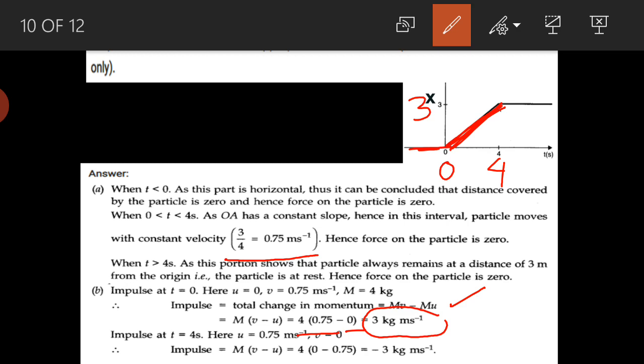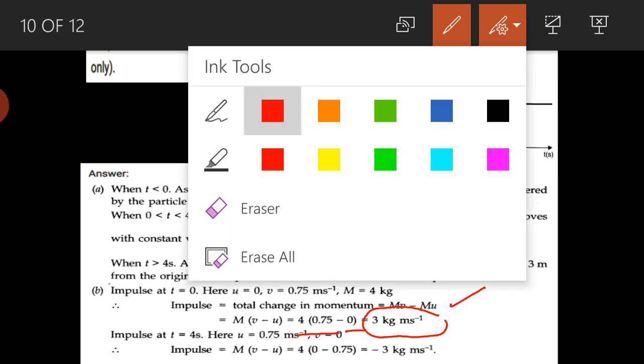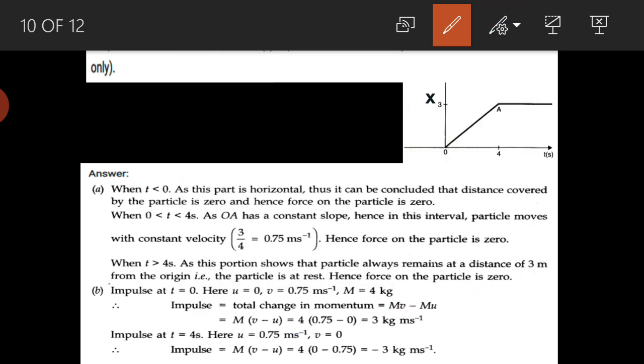After t equals 4, the particle is at rest, so v equals 0. So u equals 0.75, v equals 0, and impulse is equal to mv minus mu. So mv is 0, mu is 0.75 times 4. This comes out to be minus 3 kilogram meters per second.